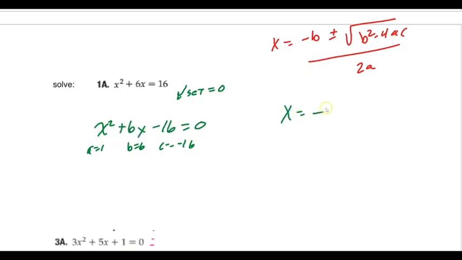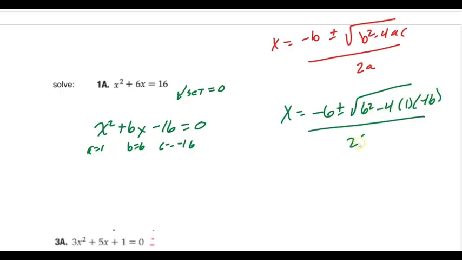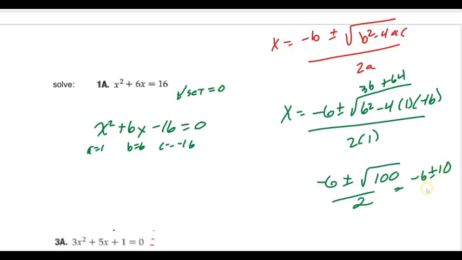x equals negative 6 plus or minus the square root of 6 squared minus 4 times 1 times negative 16, all over 2 times 1. This is 36. 4 times 16 is 64, positive 64 because of two negatives. We get negative 6 plus or minus the square root of 100 over 2. It's negative 6 plus or minus 10 over 2.